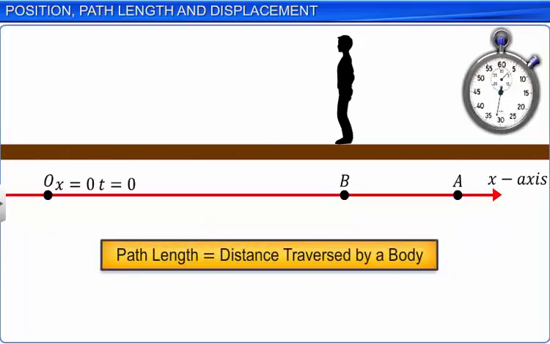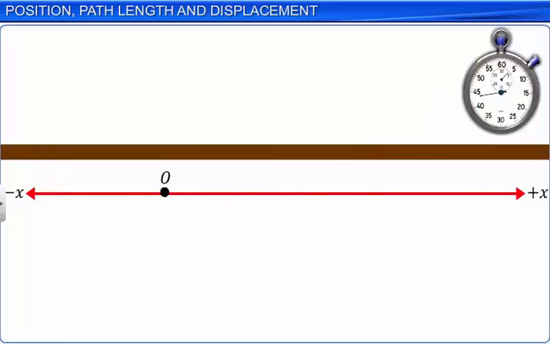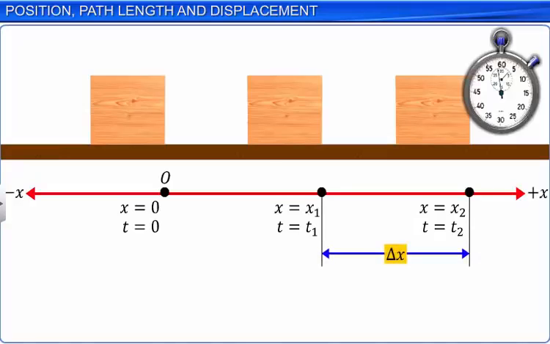Let us consider an example to understand displacement better. Let an object be placed at point O, which is the origin. Let x1 and x2 be the positions of an object at time t1 and t2. Its displacement delta x in time delta t, equal to t2 minus t1, is given by the difference between the final and initial positions.